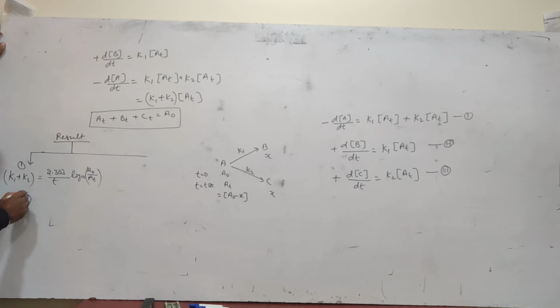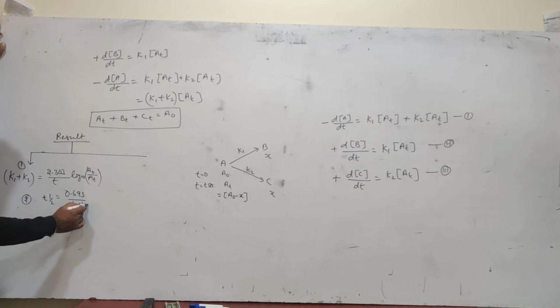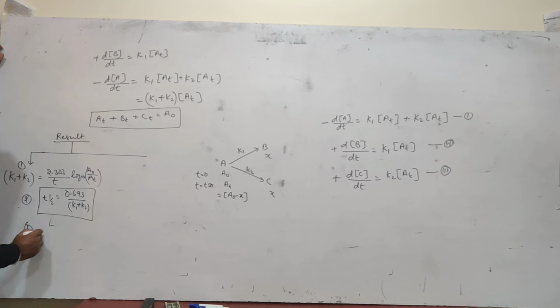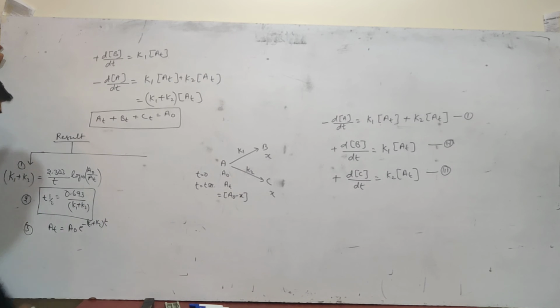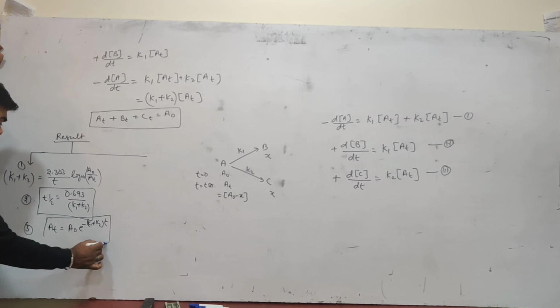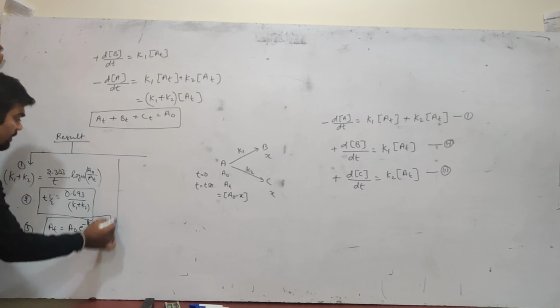The second result is, since it is a first order reaction, the half-life is written as 0.693 divided by K1 plus K2. This is the half-life of the reaction. The third result is that the concentration of A after time t is A naught into the exponential of minus K1 plus K2 into t.